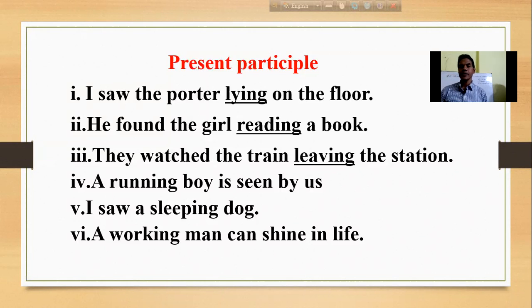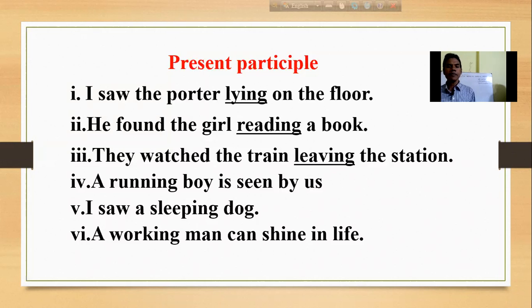Lying is here a verb with ing, takes place after the noun phrase the porter and gives extra information about that very particular noun. So it's a present participle and here used as post modifier.